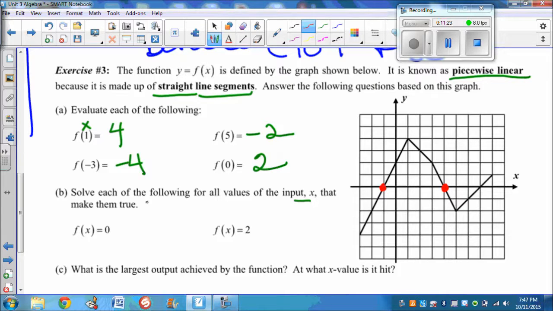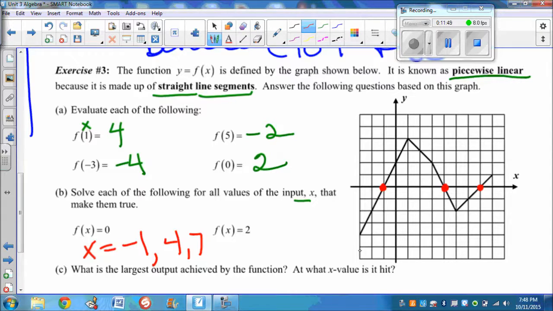So that x value is negative 1. And also, I almost jumped over to the next question. 1, 2, 3, 4. And oops, one more right there. So 4, 5, 6, 7. So 3 inputs for that one given output.